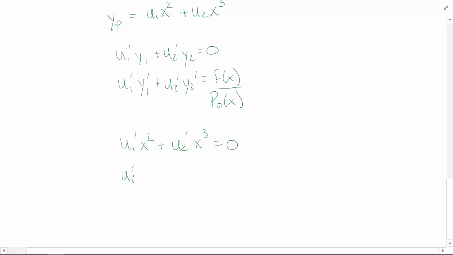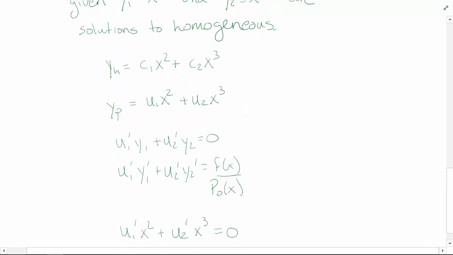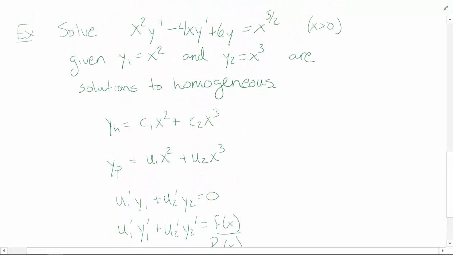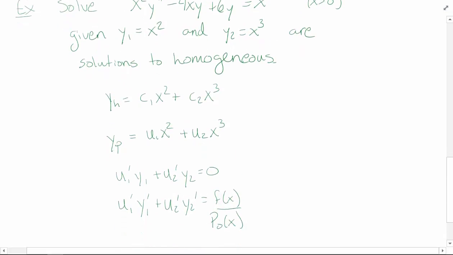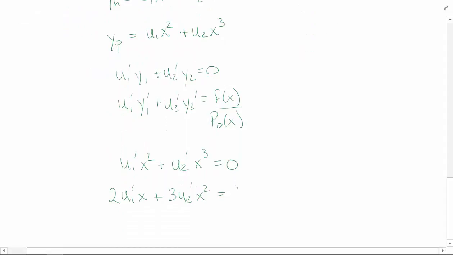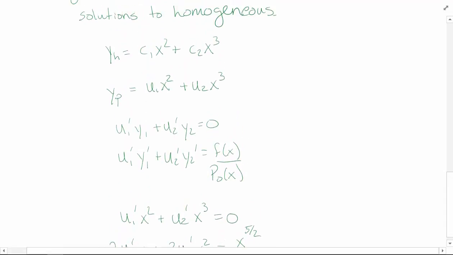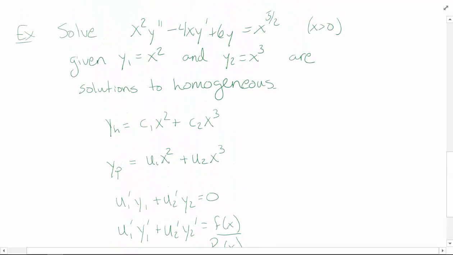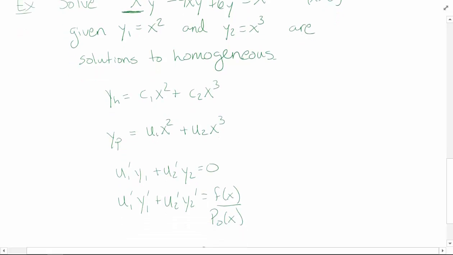Second equation, u1 prime times y1 prime, which will be 2x, plus u2 prime times y2 prime, which will be 3x squared, should be equal to f of x, which for this question is x to the 5/2, divided by p naught of x, and p naught of x is always that coefficient on y double prime, so x squared in this case.